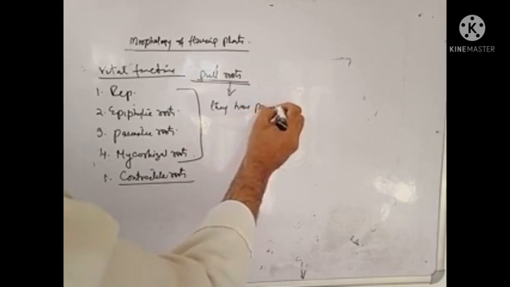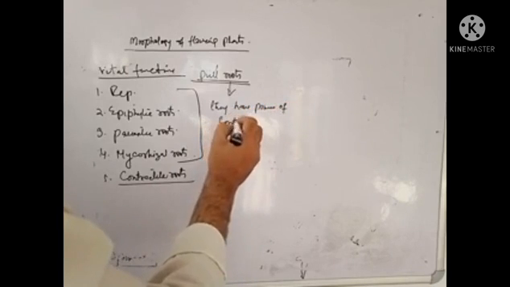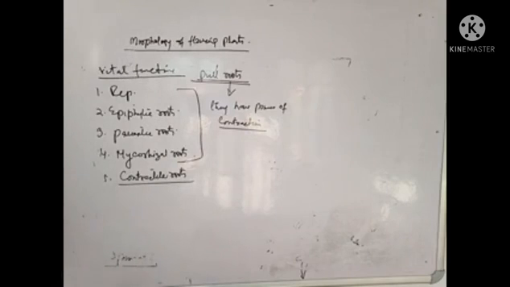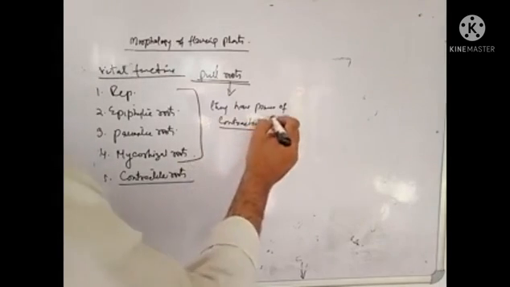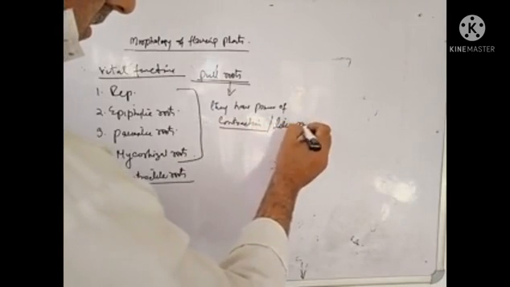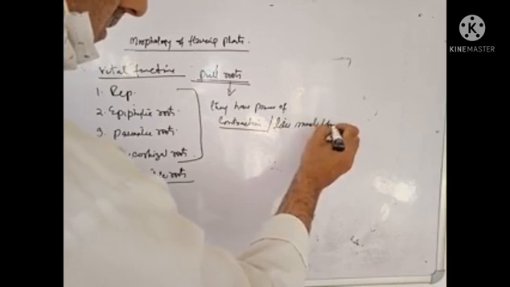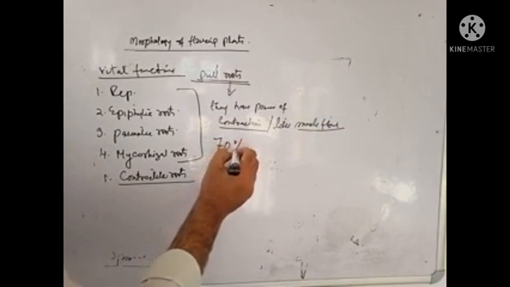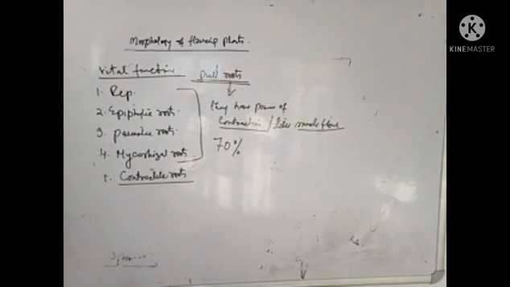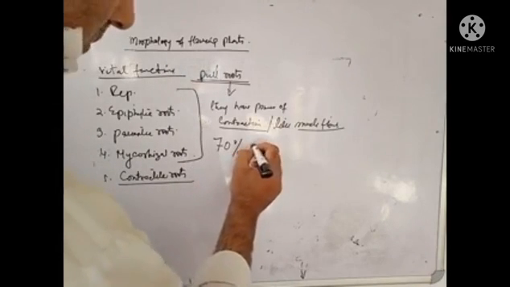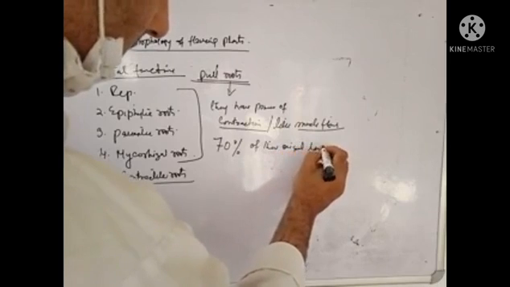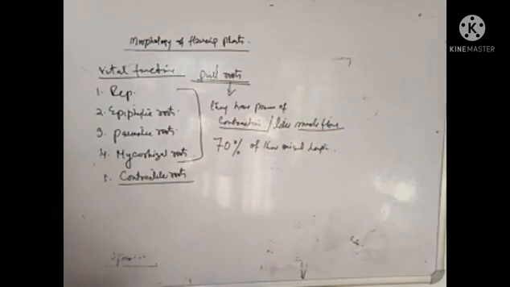They have power of contraction like that of muscle fibers, and they can contract up to 70% of their original length.